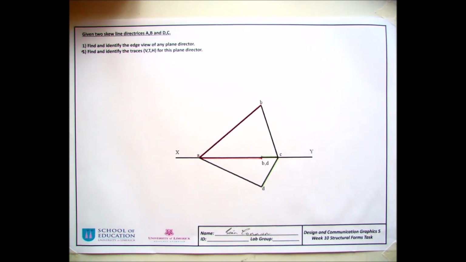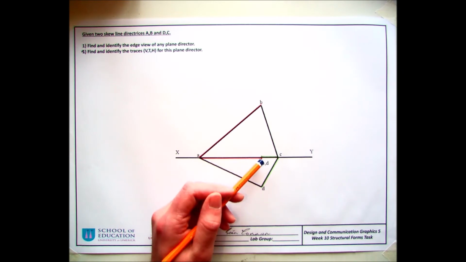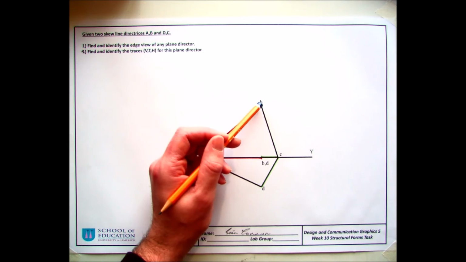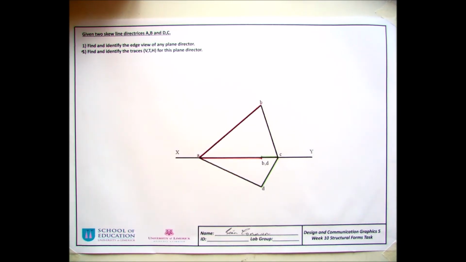It's sharing points, so for instance here B and D are on top of each other. But then when you look in elevation you can see that B is actually above it and D is below it. It's just being put in a certain way that it's tough to visualize.